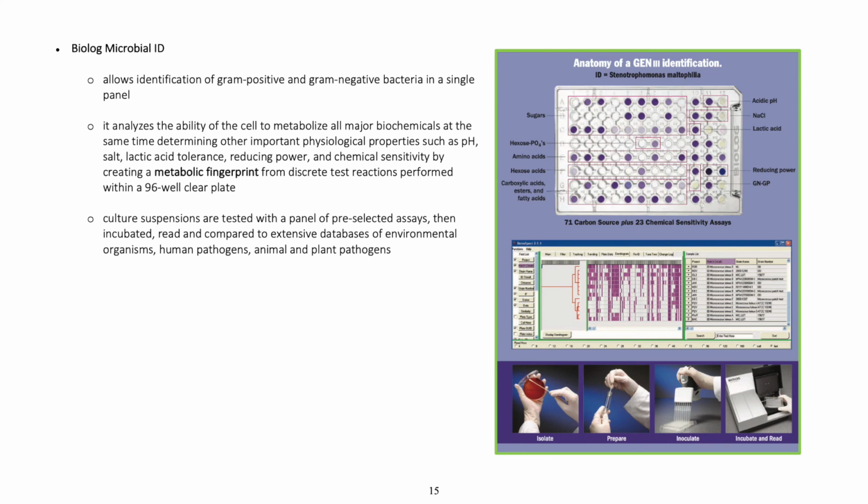Biolog Microbial ID allows identification of gram-positive and gram-negative bacteria in a single panel. It analyzes the ability of the cell to metabolize all major biochemicals, at the same time determining other important physiological properties such as pH, salt, lactic acid tolerance, reducing power, and chemical sensitivity, by creating a metabolic fingerprint from discrete test reactions performed within a 96-well clear plate.